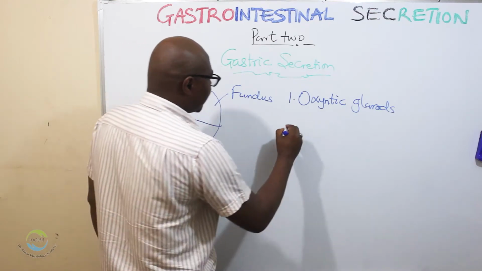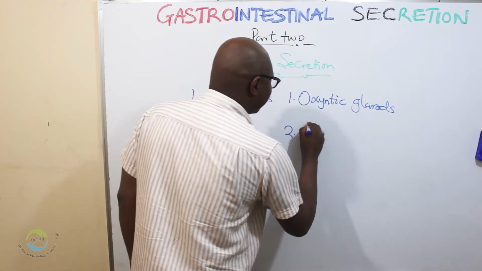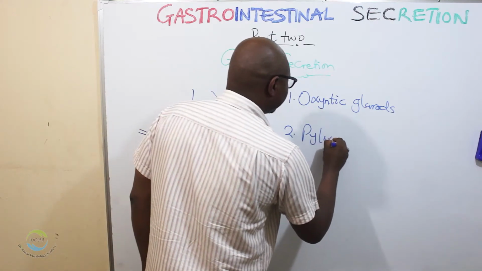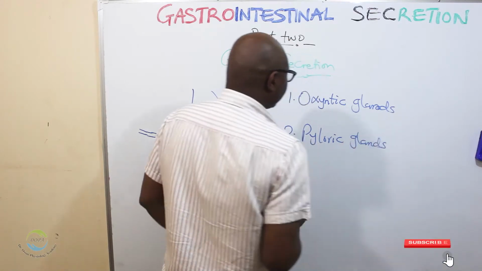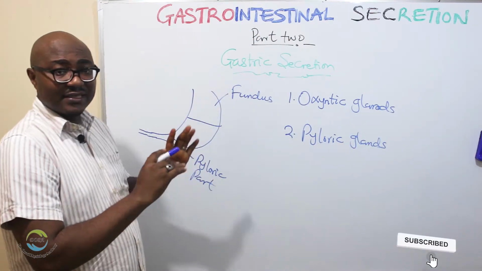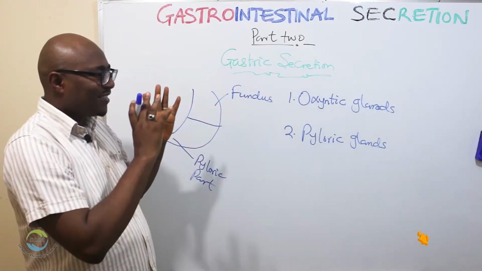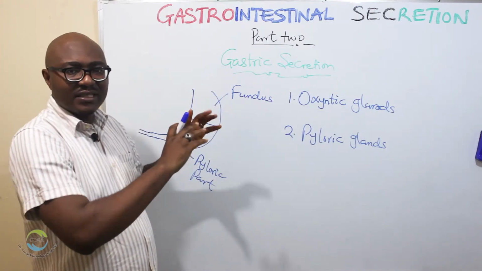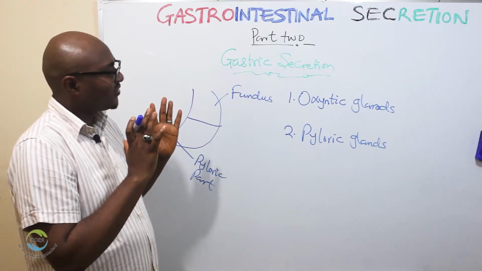Then number 2, from this pyloric part, you have the pyloric glands. So we'll take it step by step. Within these glands, there are special cells that secrete the gastric secretions.